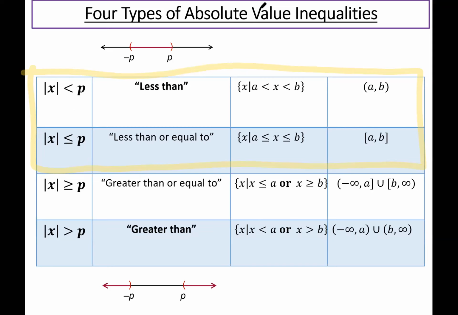So you are close to 0. Let me type that out for you. So close to 0. Distance is less than something. So you're going to be close to 0 and between your endpoints. That's the main idea here.